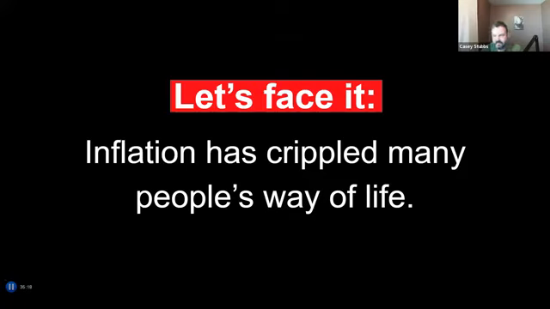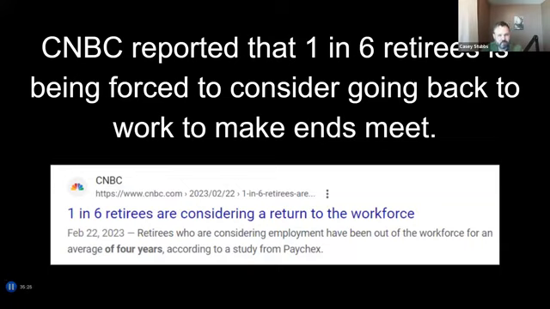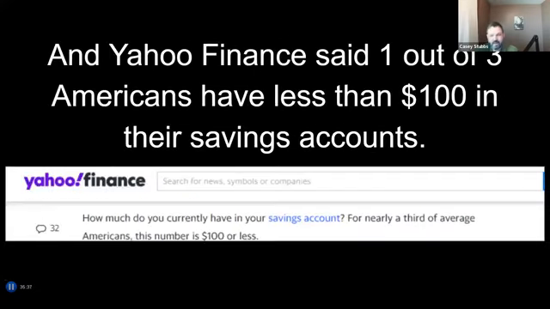Let's face it, inflation has crippled many people's way of life. CNBC reported that 1 in 6 retirees is being forced to consider going back to work to make ends meet. And Yahoo Finance said 1 out of 3 Americans have less than $100 in their savings accounts.